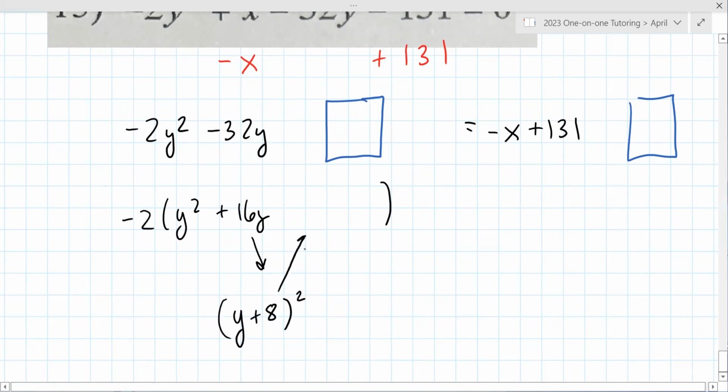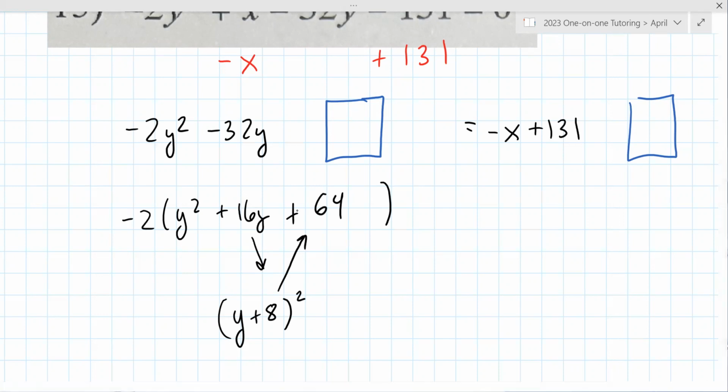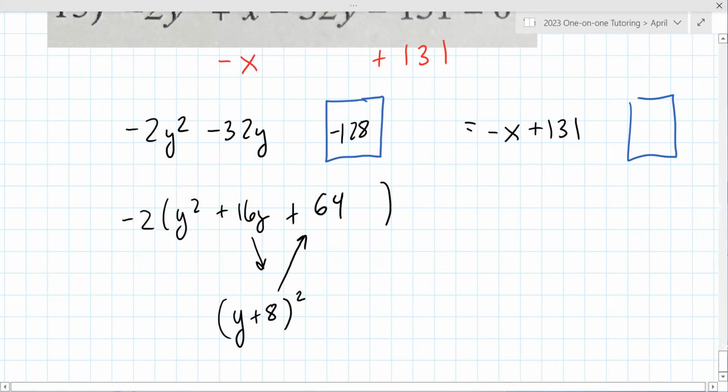And then the number that goes back here is 8 squared, which is 64. All right, and then to figure out what goes in this blue box, it's minus 2 times 64. That's minus 128, minus 128 there.